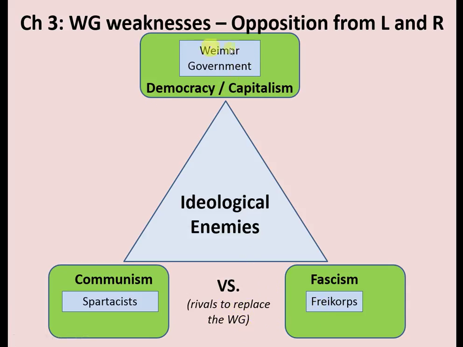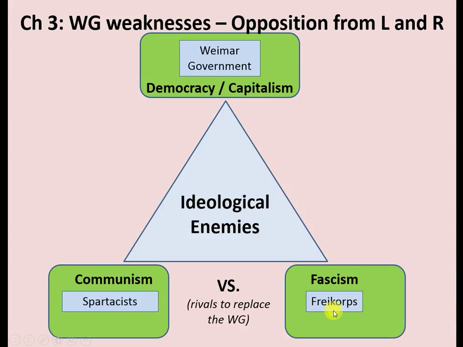So of course we know that the Weimar government was unpopular, and there was a lot of opposition to it, but this opposition was divided among themselves in terms of who would be the one to take over, because the communists on the left wanted to take over, the fascists on the right wanted to take over, and then they were rivals for power. For example, if you recall, the Spartacists tried to overthrow the government, but then the Freikorps came in to help the Weimar government stop the Spartacists from taking over. So basically they stopped each other. They were rivals to replace the Weimar government.